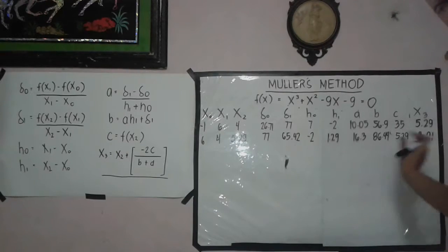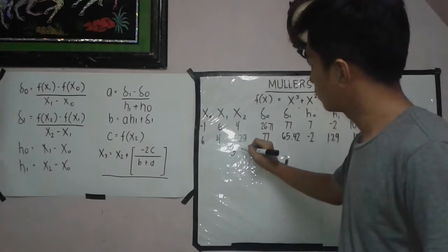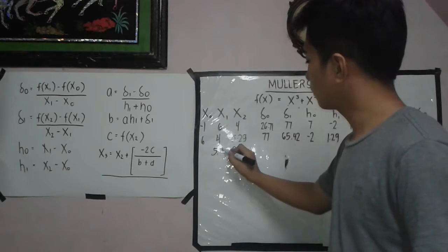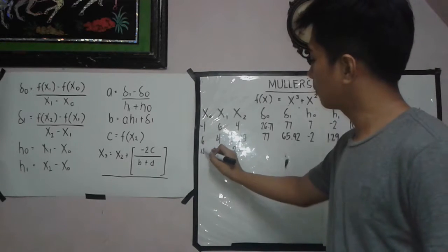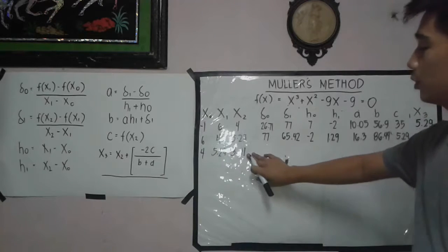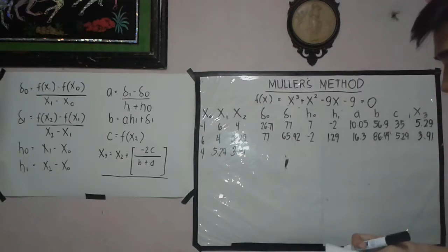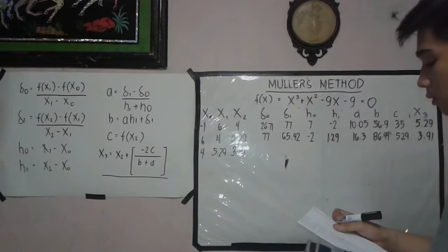So continuing to this, the solving of this problem, 3.91 is the next x sub 2, 3.91, 5.29, and 4. So for solving this 3.91, substitute the function of x will give you the value of 31.77.